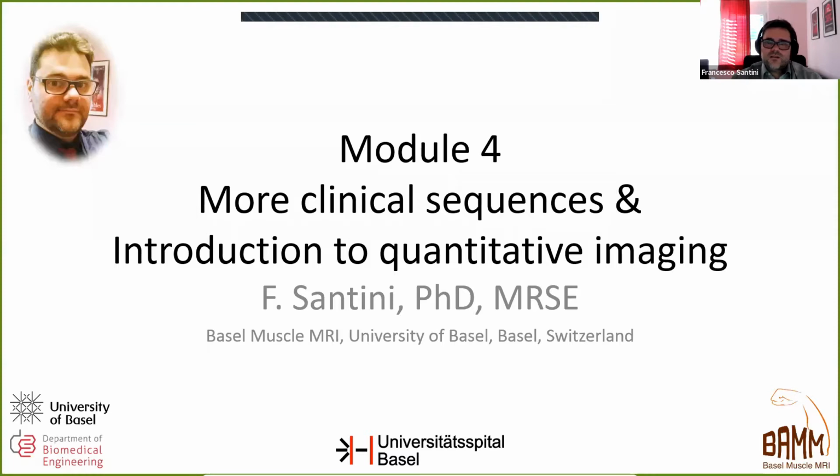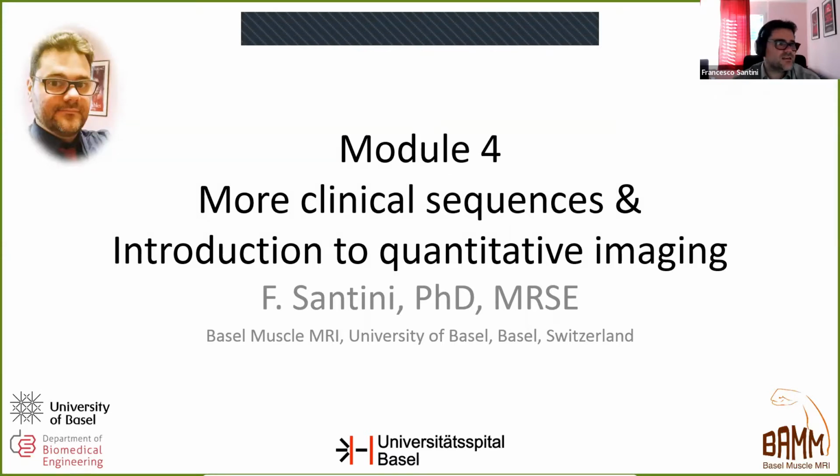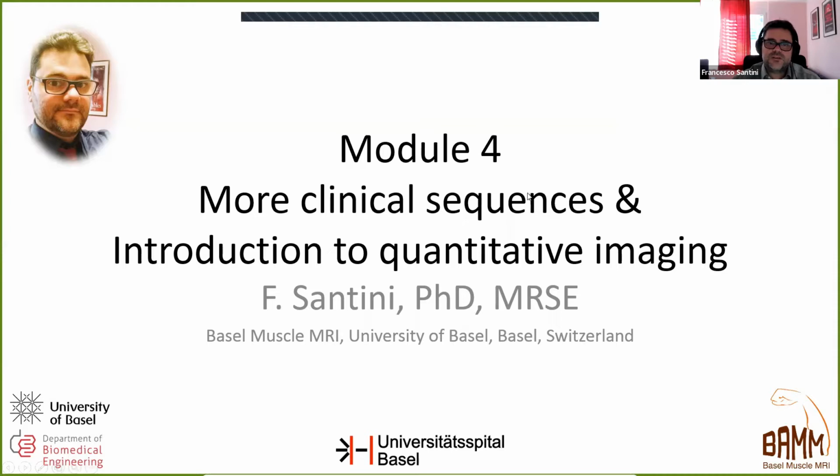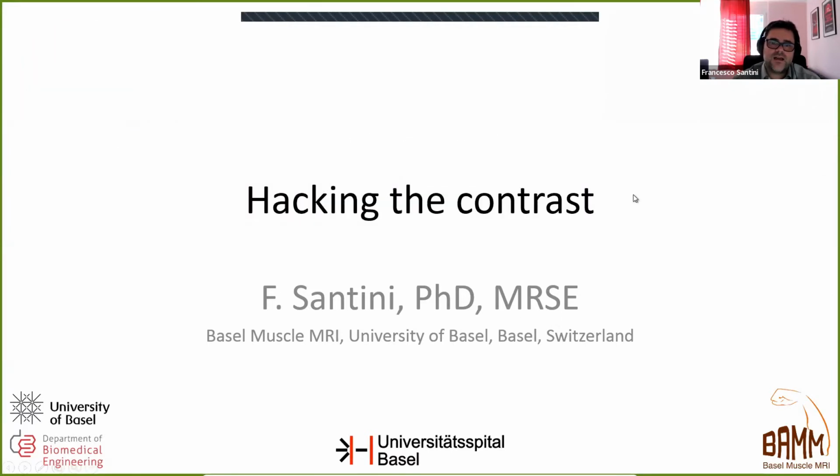So we are here at module 4 about more clinical sequences and some introduction to quantitative imaging. But actually, I would like to call this module hacking the contrast. Why do we hack the contrast? We know that with MRI, we are really free to do a lot of things.